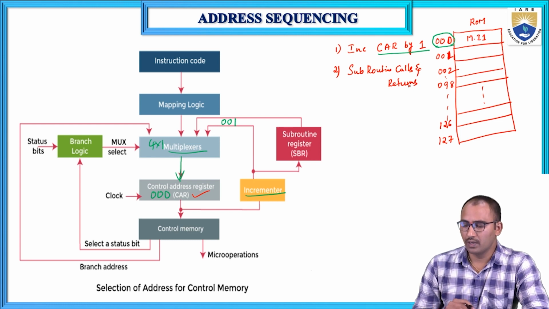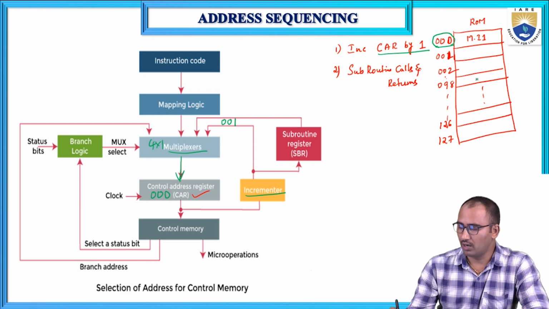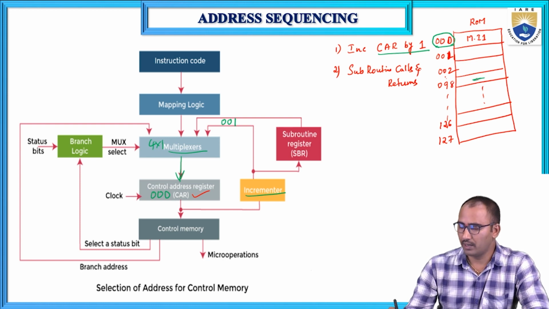Let us assume that in location 98 we have called a function. Whenever we call a function, the program control is transferred to the function definition, which has some instructions.